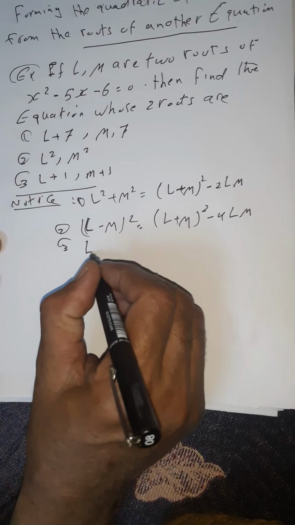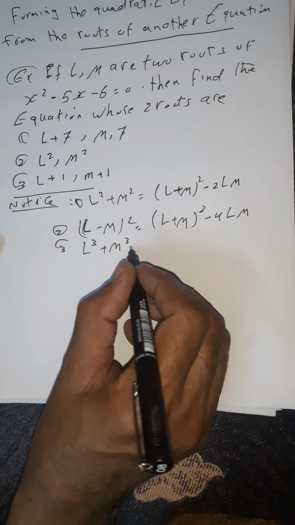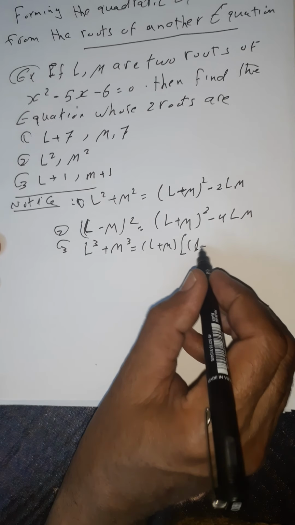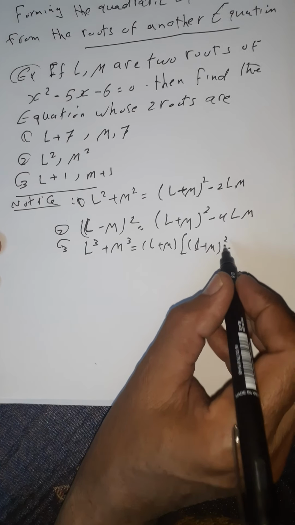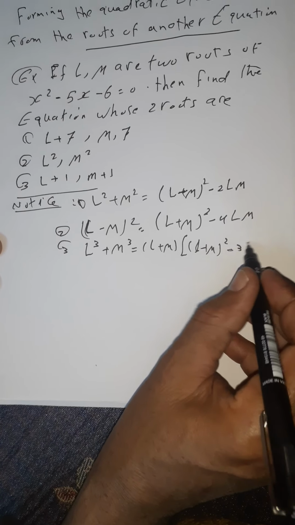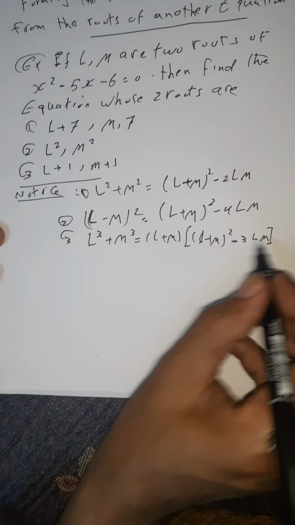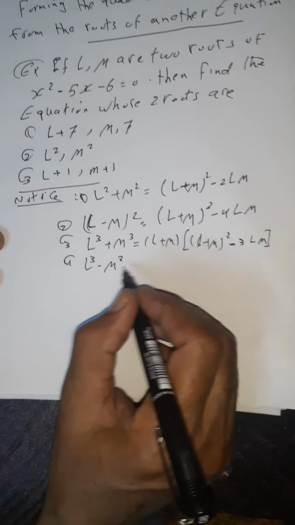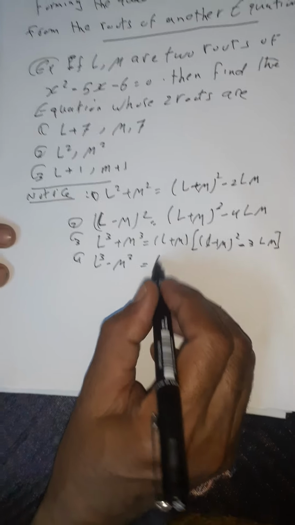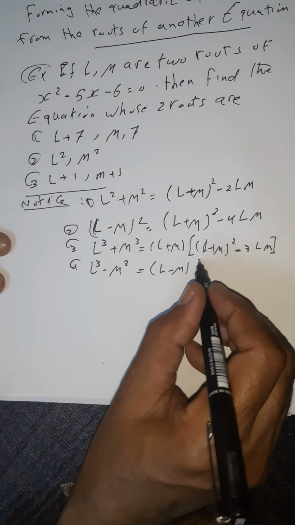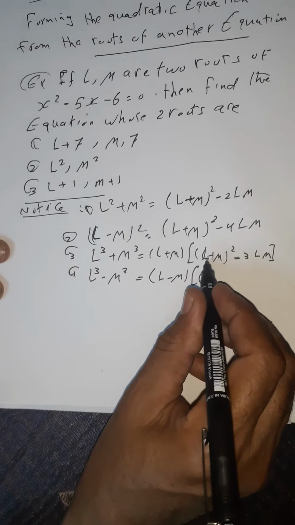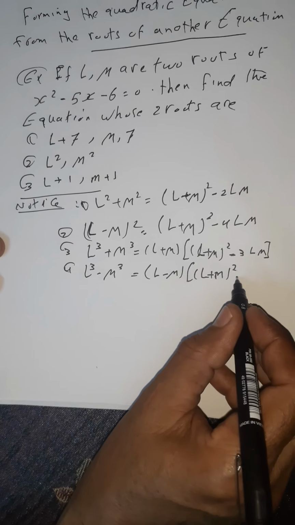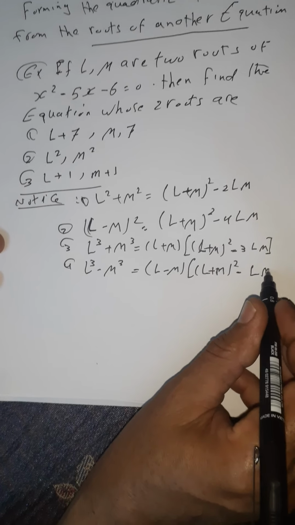Number 3, L power 3 plus M power 3 equals L plus M, open the brackets, L plus M all power 2 minus 3LM. Number 4, L power 3 minus M power 3 equals L minus M, open the brackets, L plus M all power 2 minus LM.